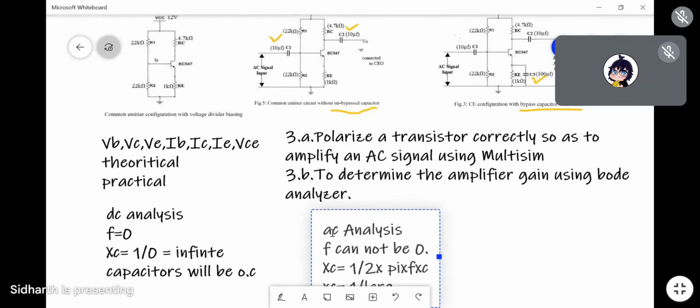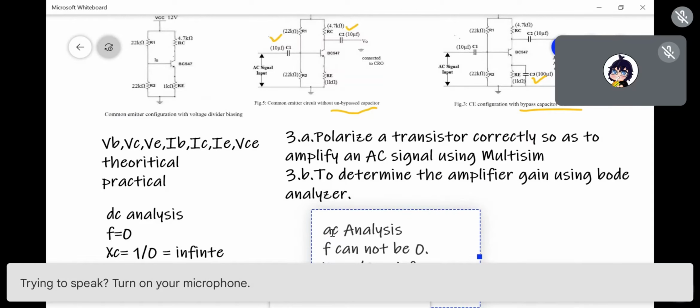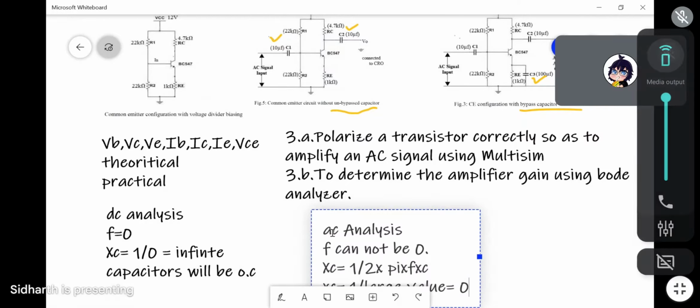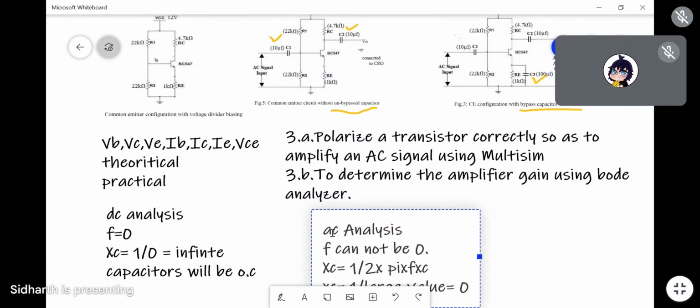That means it will be nearly equal to 0. That means the reactance offered by the three capacitors is nearly equal to 0, so the capacitors will act as short circuit, right?